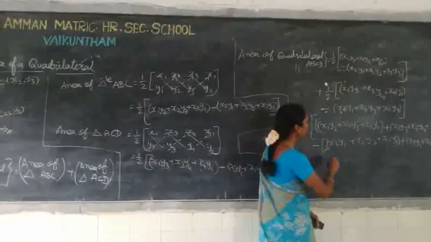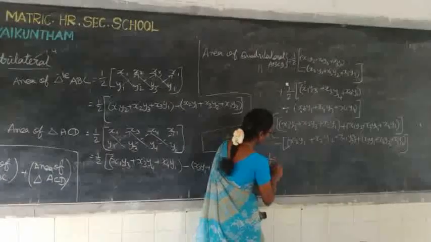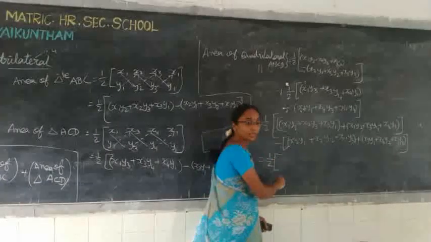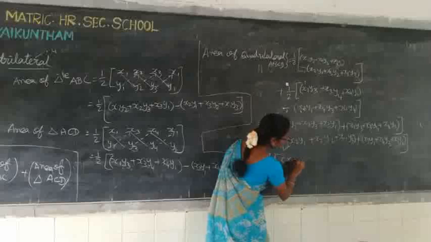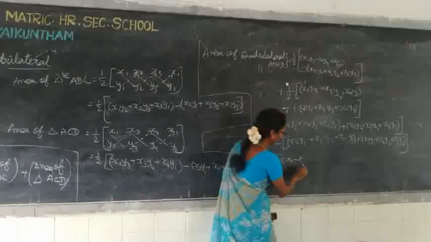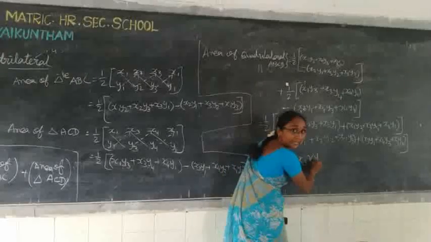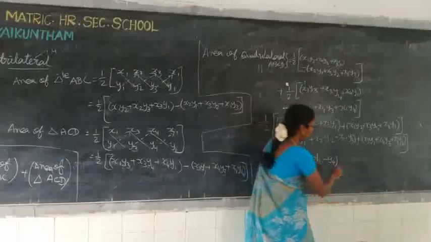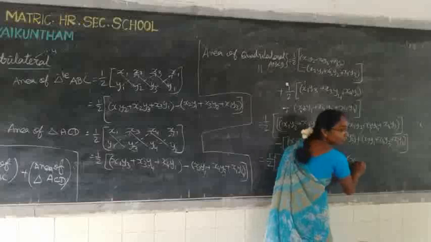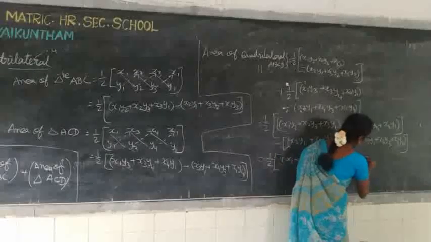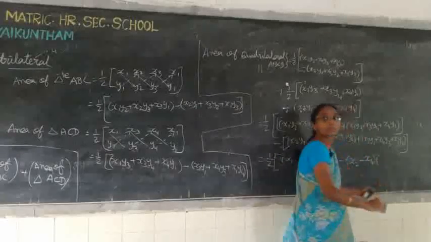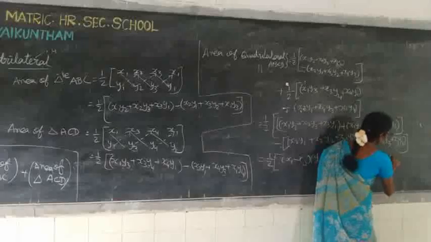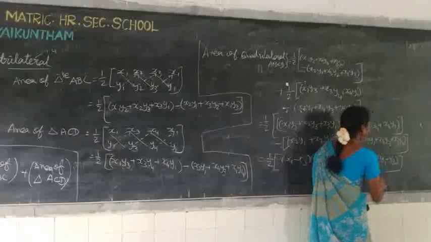Calculating this value, you get half into (x1 minus x3) into (y2 minus y4), minus (x2 minus x4) into (y1 minus y3).